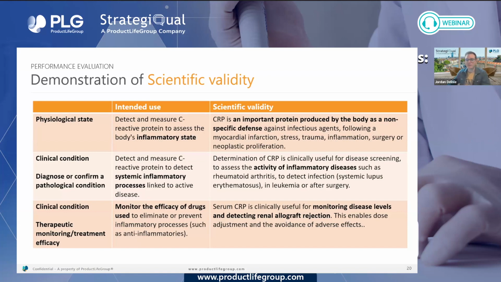To demonstrate the scientific validity of this kit, we will need to show how CRP protein plays an essential role in the body's inflammatory response and under what circumstances this level is abnormally high.